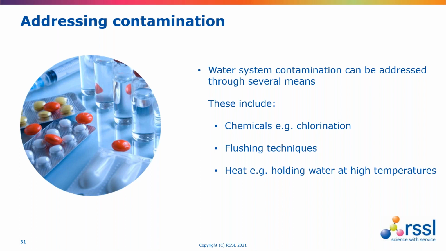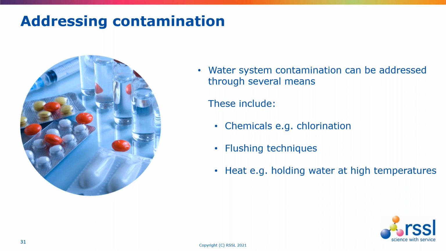Despite all these good design practices and control measures, contamination does occur with water systems, and I've experienced some horror stories with contaminated water systems. So there are options available when these events occur for treating and improving water quality.